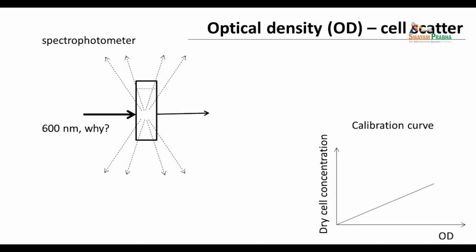Before you dry that, you take a sample and measure the OD, and thereby you can relate various dry cell concentrations to the OD, and you would get a straight line in a certain range, and that is the calibration curve. You could measure OD and get the relevant dry cell concentration using this calibration curve. That is what is typically done.